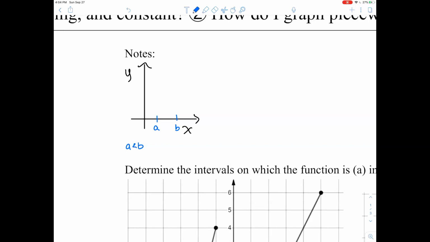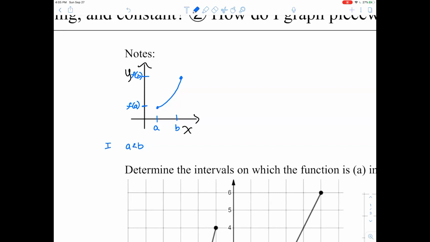Now, if a graph is increasing, it would be doing something like that, correct? It's increasing. And how do we know it's increasing? Because our function value for A is lower than our function value for B. When I plug in a B, I get out a higher value, right?